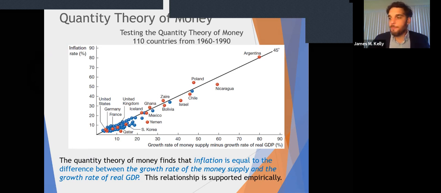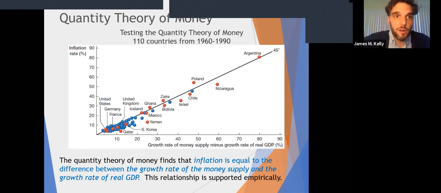So we see that for the most part, the quantity theory of money holds because if we have the inflation rate on the y-axis and the growth rate of the money supply minus the growth rate of real GDP on the x-axis, then at this 45-degree line, this is a one-for-one equality, meaning right on this line means that the inflation rate is exactly equal to the difference between the growth rate of the money supply and the growth rate of real GDP.